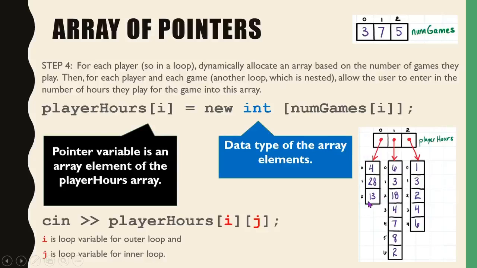So in this loop, you will first create this array for the first player. So think of i as being 0. So num games sub 0 is 3. And so we're going to create a new integer array of size 3. That's this array right here. Let me highlight it.